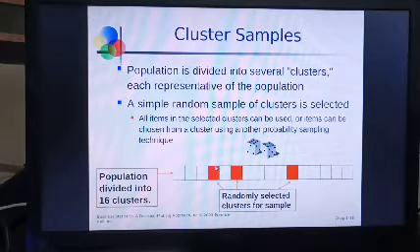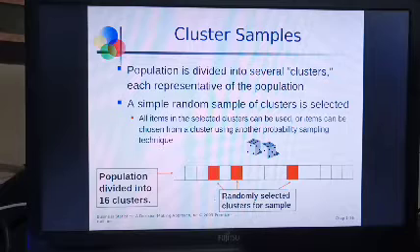When after using a simple random technique a cluster is selected, you take the entire cluster or entire subgroup and you interview all of them, not choose from the members of the cluster.